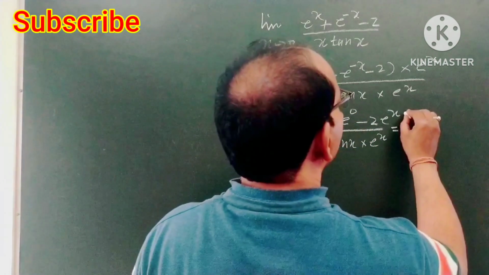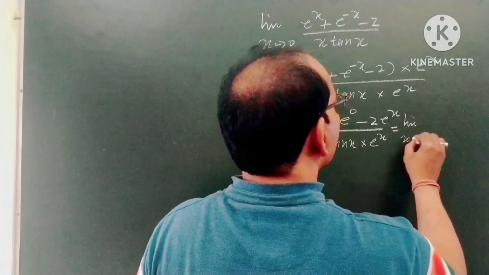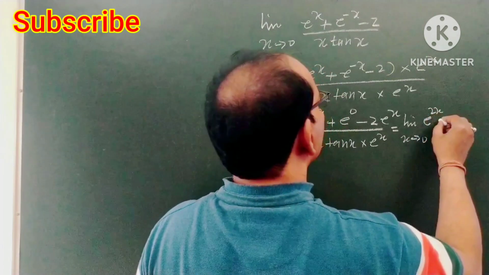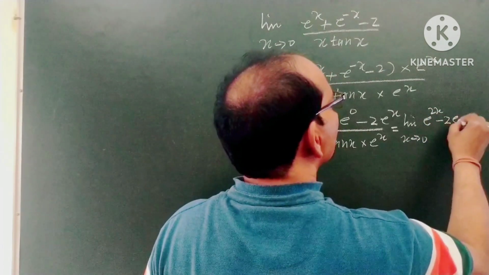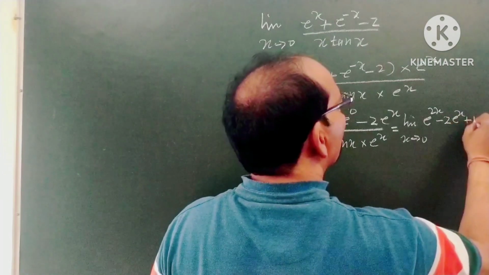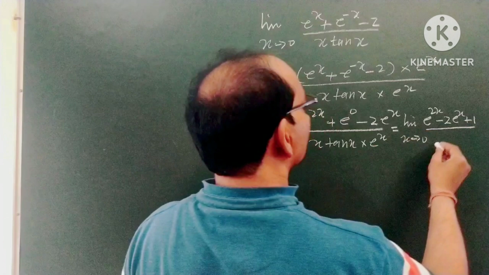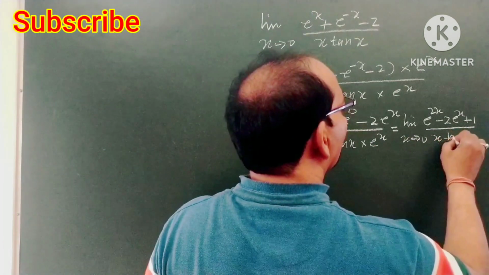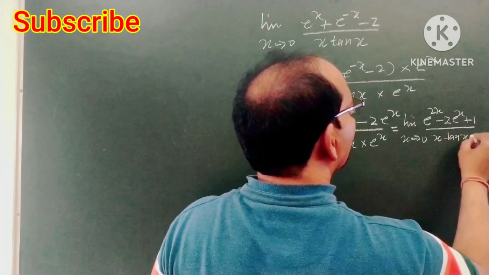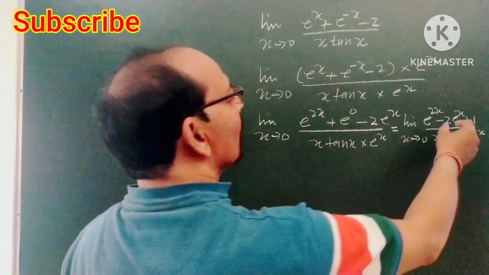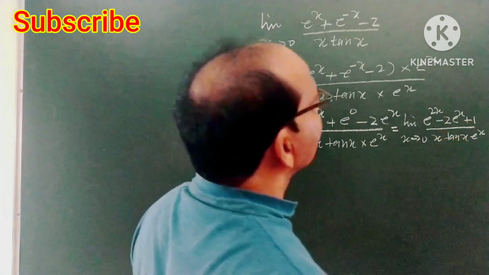Therefore, we write limit x tends to 0, (e^(2x) - 2e^x + 1)/(x tan x e^x).